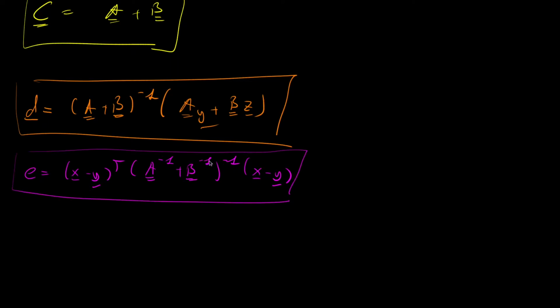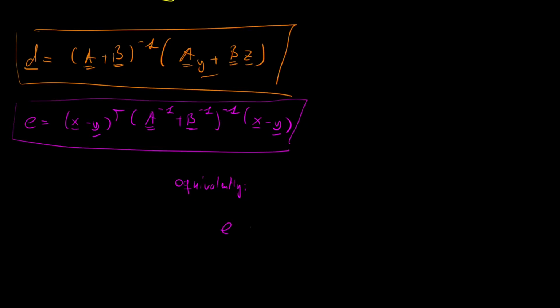But just to be fair, I will also include the other one, which wasn't as simplified as this one, which can also be helpful in certain scenarios. So let's say equivalently, we can write e is (x minus y) transpose of A times (matrix A plus matrix B) inverse times the matrix B times (x minus y).